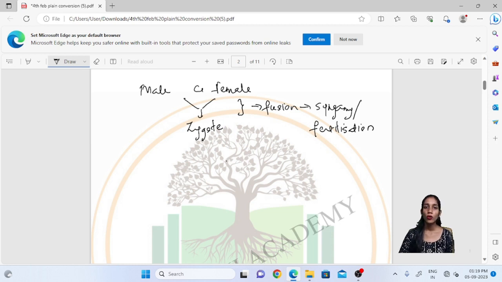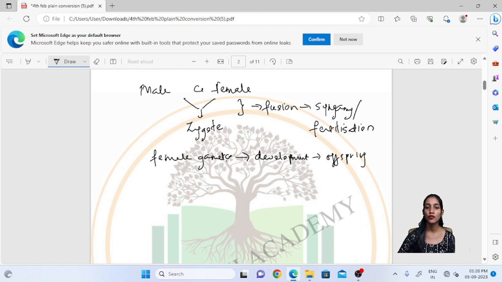Now over here I need to make a mention that in some organisms, for example the rotifers, the female gamete will directly undergo development and form the offspring. Means there will be no fusion of the male and the female gamete.